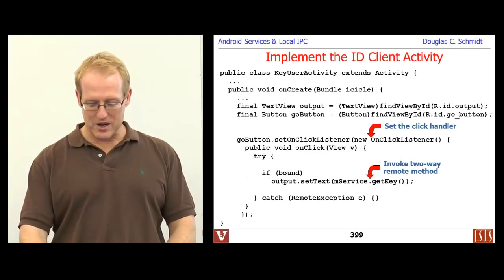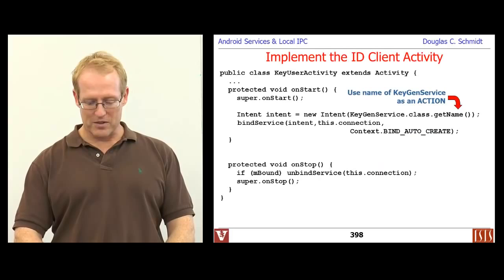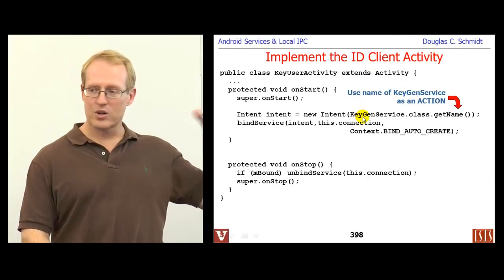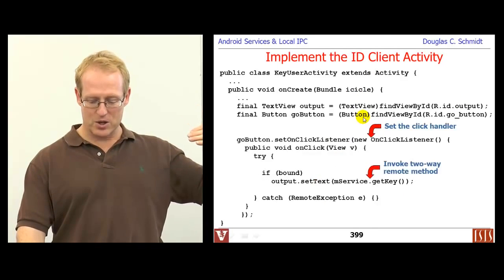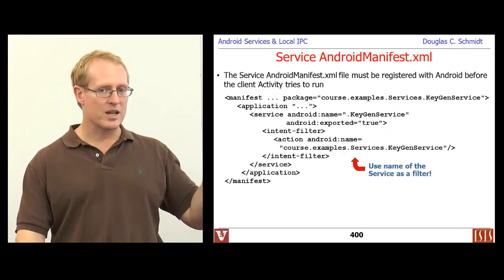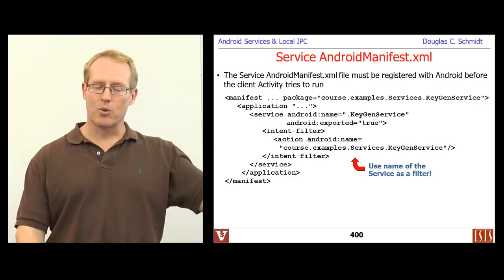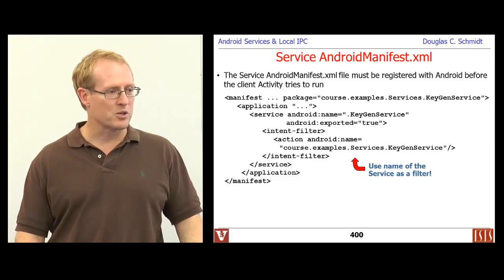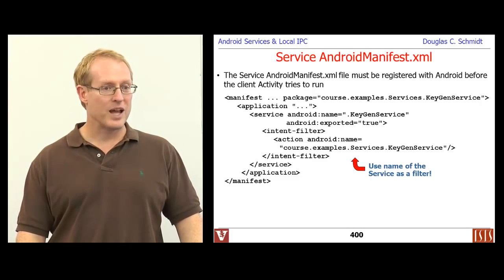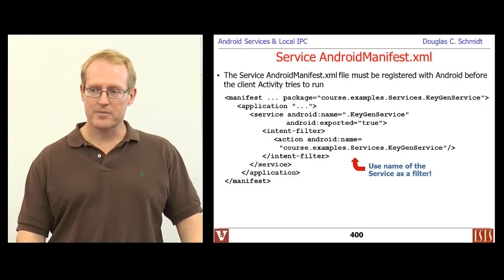And we use that over here, as you saw, in order to create an intent that when bound will cause this service here to be started, because it has an intent filter that matches that particular name. We'll talk a bit more later about intent filters when we talk more about the intent framework in Android, but this is just a kind of a down payment on that later discussion. Any questions about any of that?